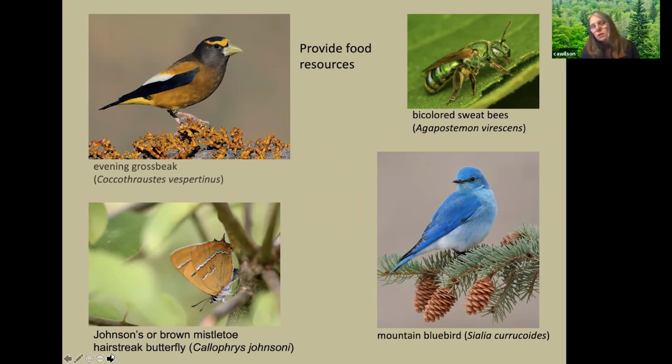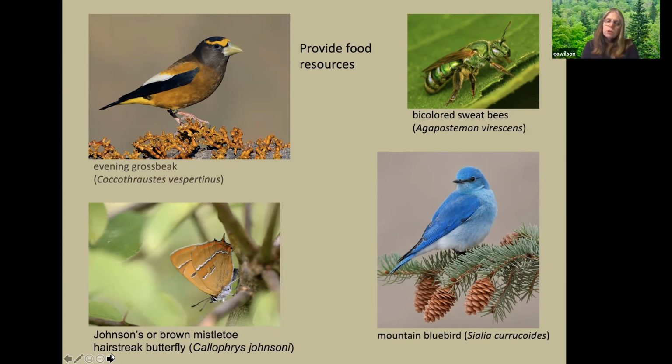Lots of times you see cedar waxwings. I've seen them myself out in Eastern Oregon, eating mistletoe berries during the winter, because it's a winter food for them. The mistletoe berries are late to develop and then stay on the tree all through the winter. And in fact, new berries will develop. So it can be a very important food.